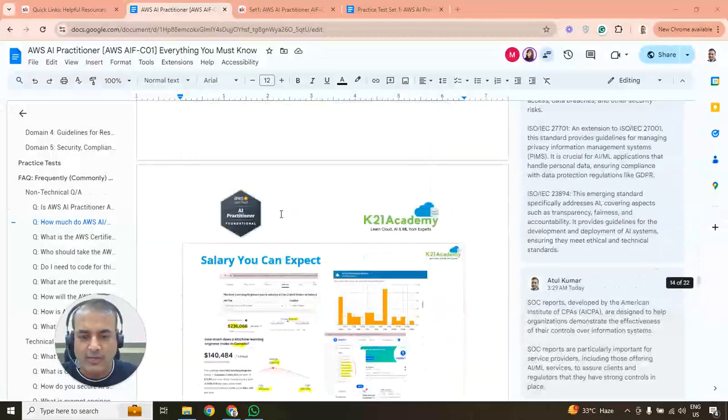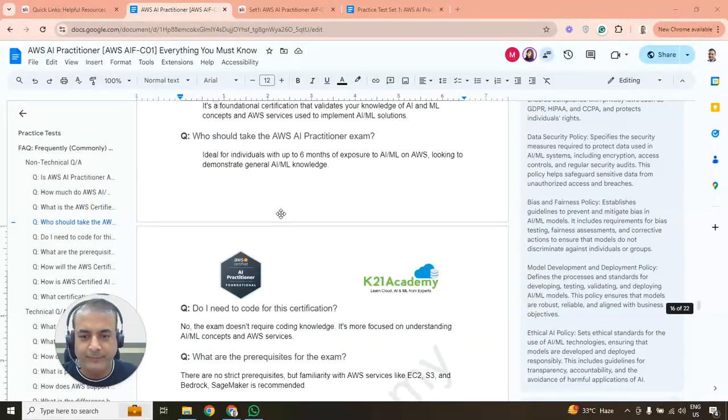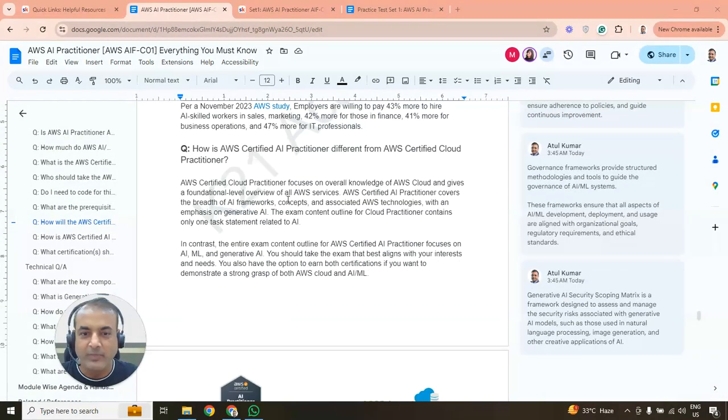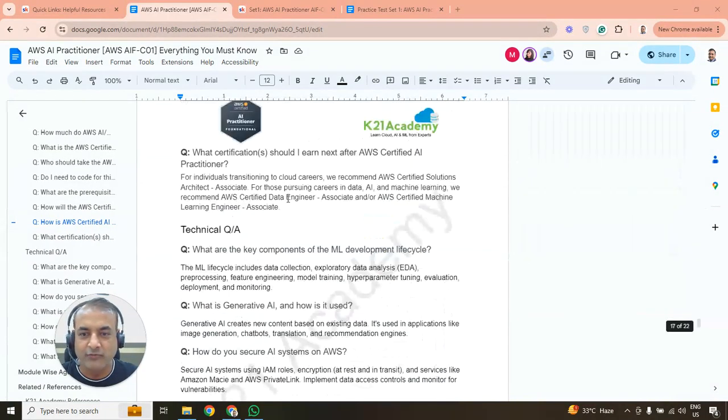So let's go further down and look at the other questions. I've already mentioned this one as well. What certification should I do after AWS Certified AI Practitioner? The answer depends on where you want to build your career. If you want to go into machine learning and AI, you have the Machine Learning Associate next. A lot of people also do AWS Solutions Architect Associate, and a lot also do data engineering.